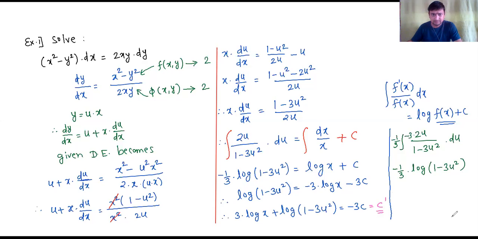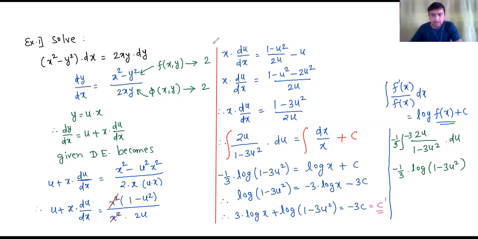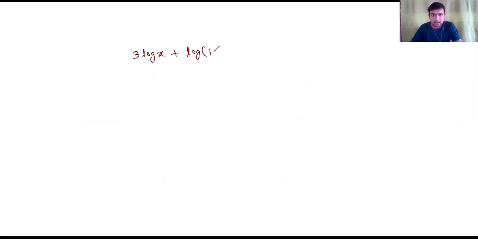See what we have got, 3 log x क्या मिला है? प्लस log in bracket 1 minus 3u square which is equal to c dash. So this becomes log x cube plus log 1 minus 3u square which is equal to c dash.